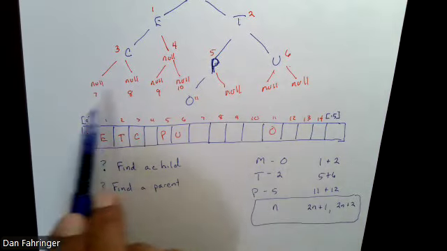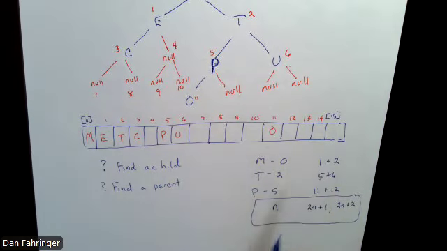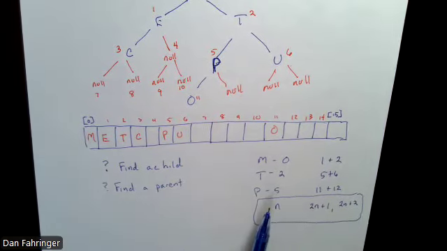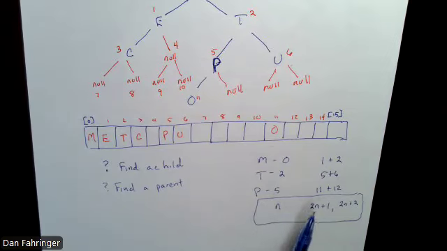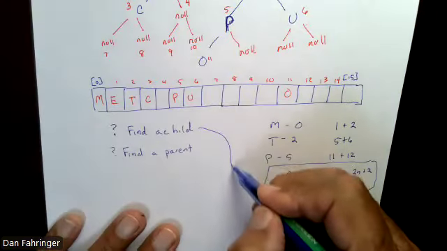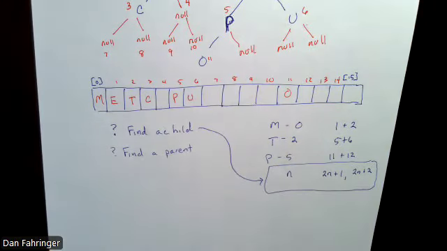You're still looking at this picture, but when you want to find the child, whether to go left or right, you can find out where they are. Instead of a left pointer and a right pointer, we have to calculate the values. Find a child, find a parent.